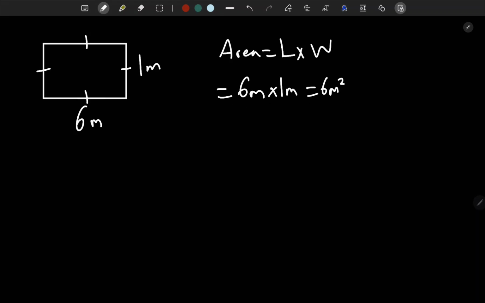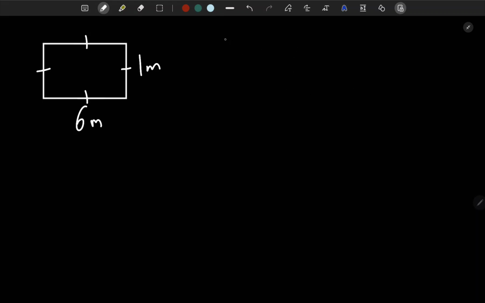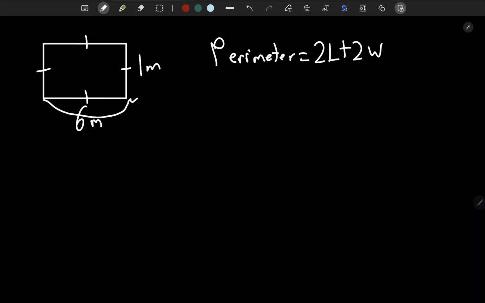Now the formula for the perimeter of a rectangle is equal to 2 length plus 2 width. Since we want to cover all the distance around the rectangle, it will be this side plus this side plus this side plus this side, and to do that it will be 2 length plus 2 width.